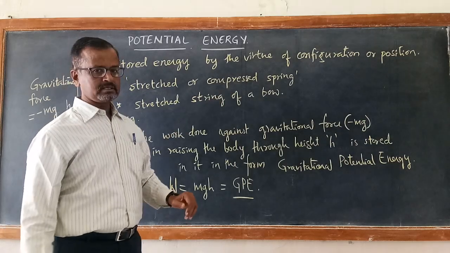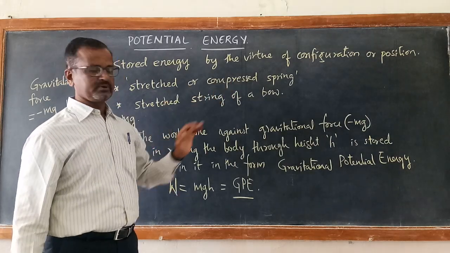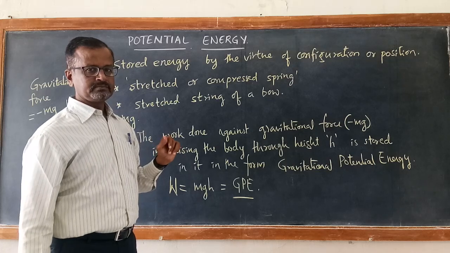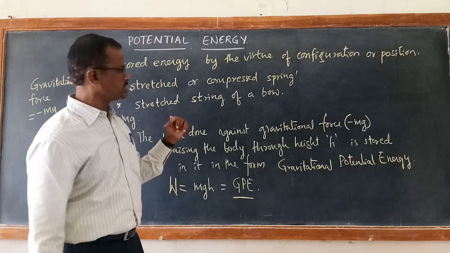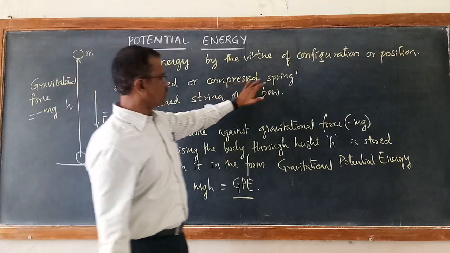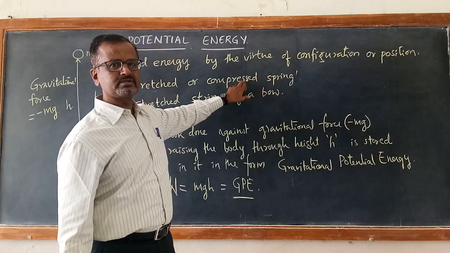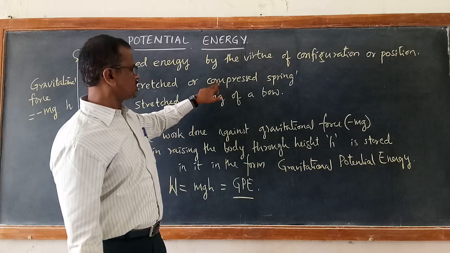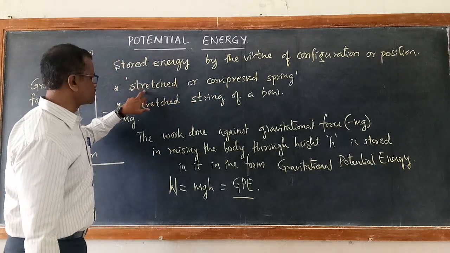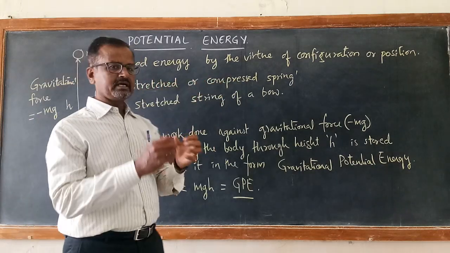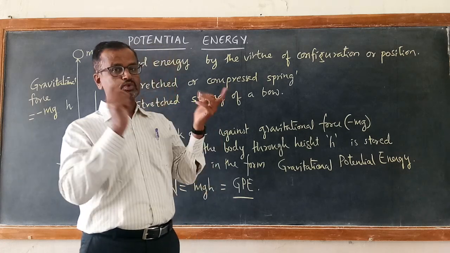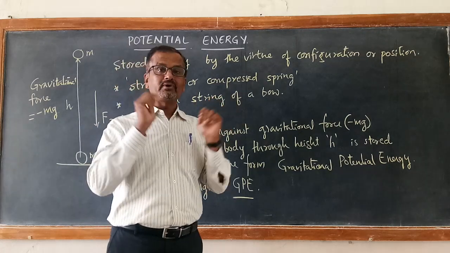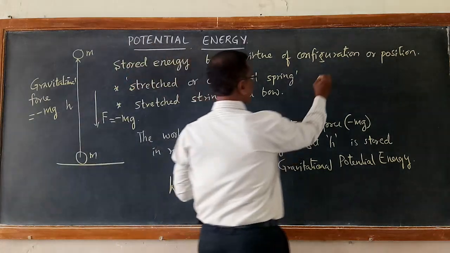In these two cases, it is a change of shape or change of configuration. Here work is done against a spring force. In the case of a compressed spring and a stretched spring, the work is done against the spring force. That is stored in the form of spring potential energy.